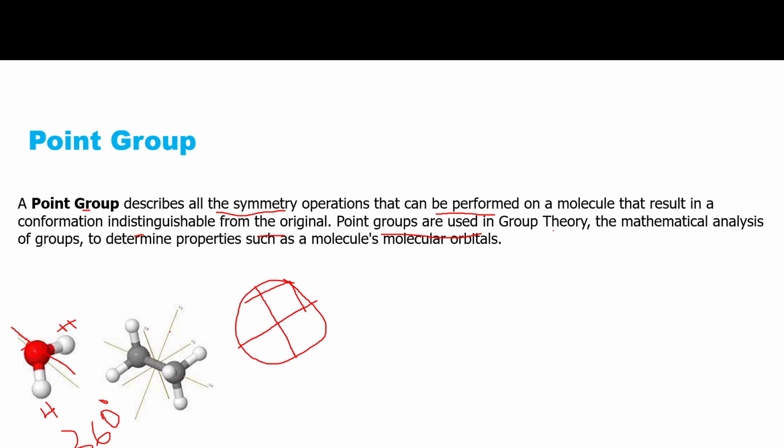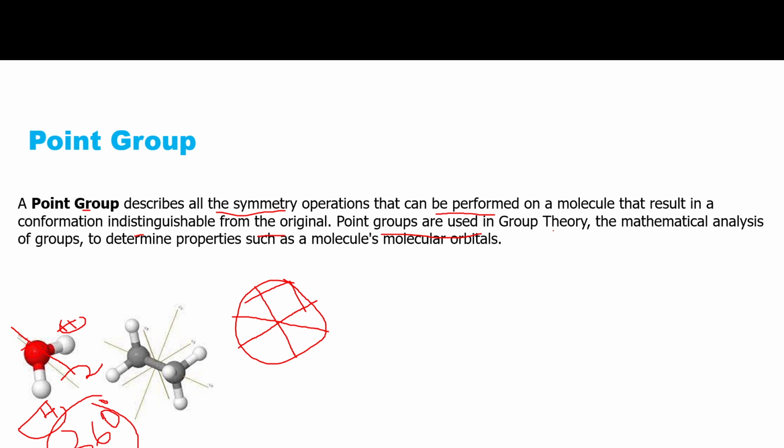So if you rotate this molecule 180 degrees, then what will happen? This hydrogen will come here, and this hydrogen goes there. So it will remain the same. At rotation of 360 degrees it will remain the same. At 180 degree rotation also it will remain the same.